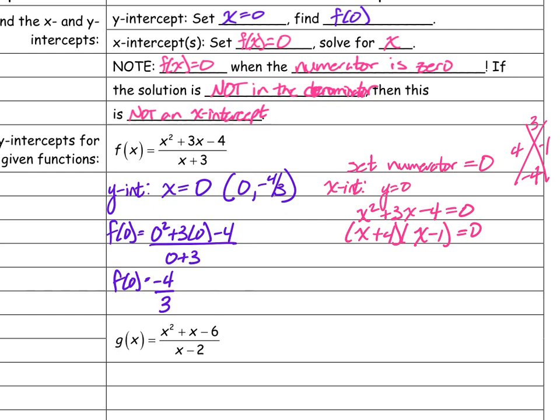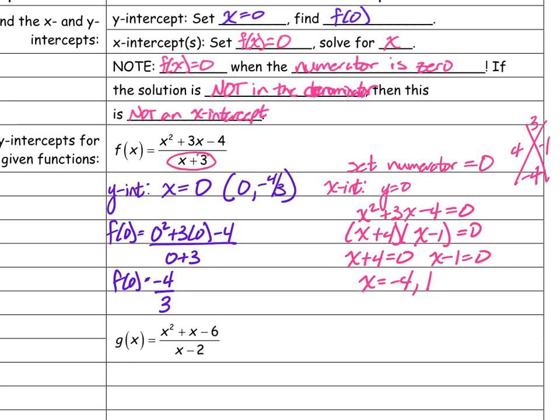So then I get two things that are multiplied together that equal 0. That means one of those things has to be 0. So x plus 4 equals 0 or x minus 1 equals 0. So x is going to either equal negative 4 or positive 1. Now I want to check and make sure neither of those make my denominator 0. Does negative 4 make my denominator 0?